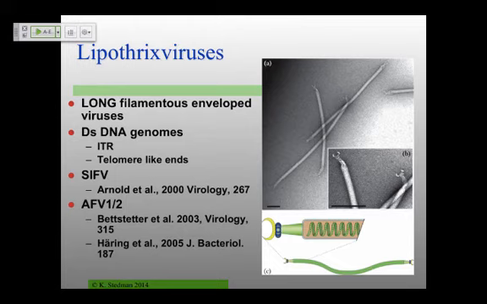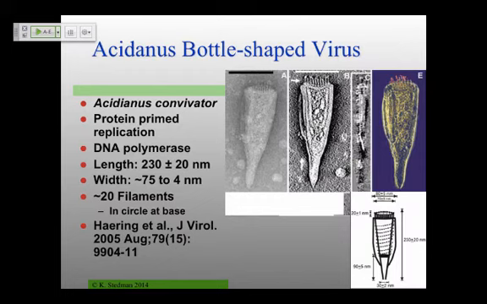The ABV, again, has just an amazing structure. How it gets put together, unfortunately, we really don't have a very good idea. They're big virions. They're a little over 200 nanometers in length, almost 100 nanometers in width, and have, again, really amazing structures with these filament-like, almost candle-like structures.